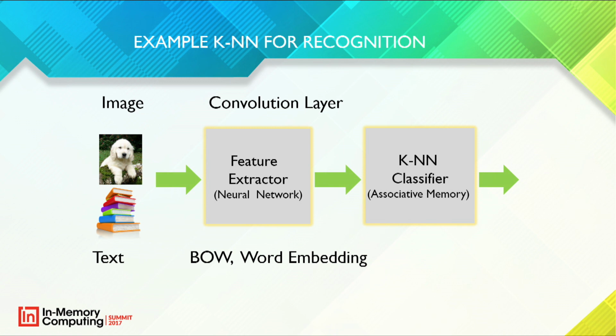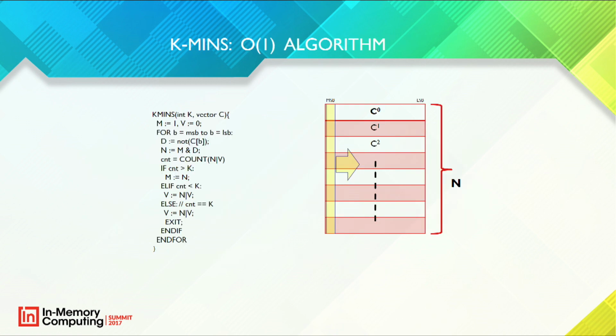Every image we can convert to tens of features based on the convolution layers, and we put all these images, suppose we have 1 million or 2 million images, in our database. We can embed them in the memory. We can also take text and convert it to bag of words, word embedding, or sentence embedding, and then we do the search in the memory.